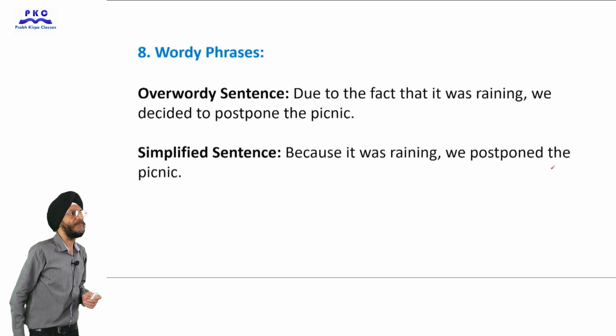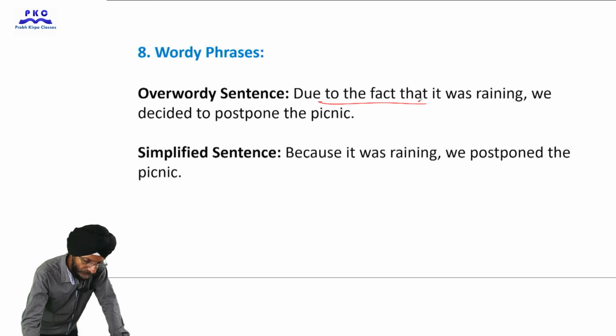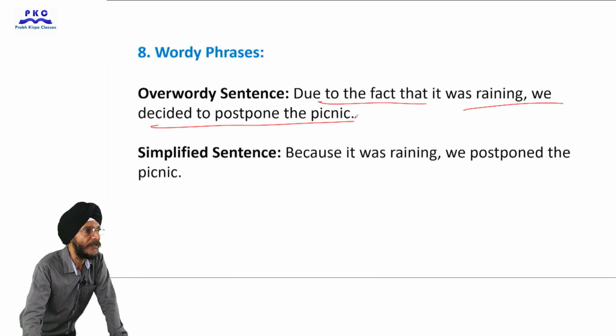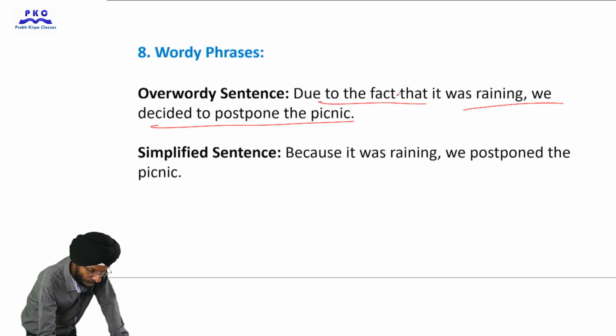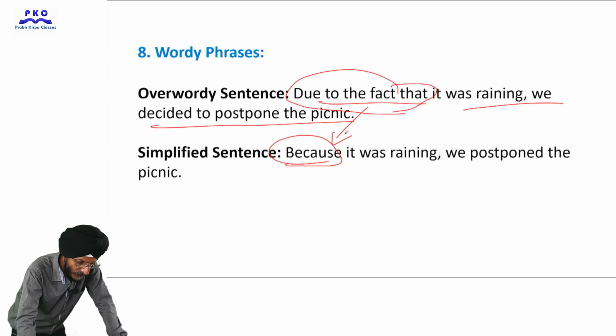Wordy phrases. Due to the fact that it was raining, we decided to postpone the picnic. In place of due to the fact that, we can use because it was raining.